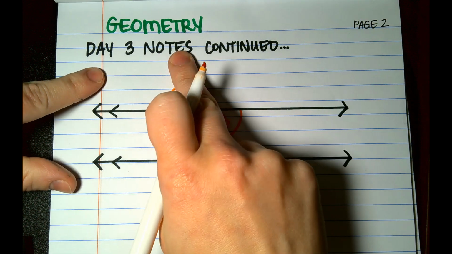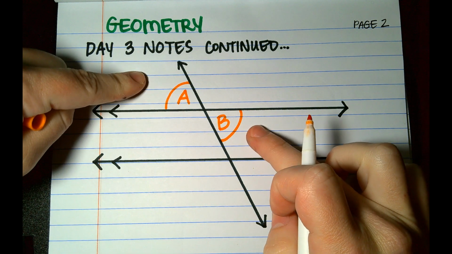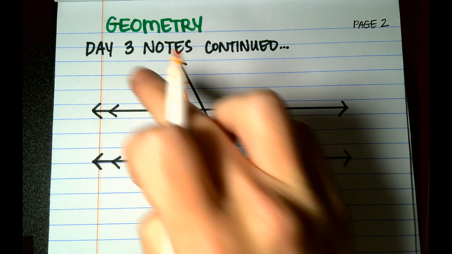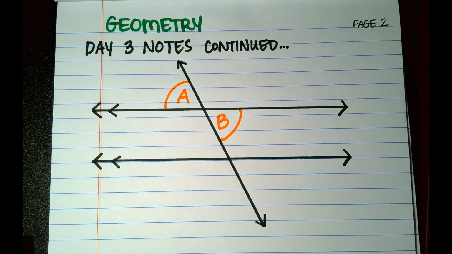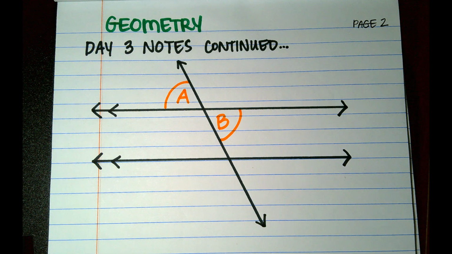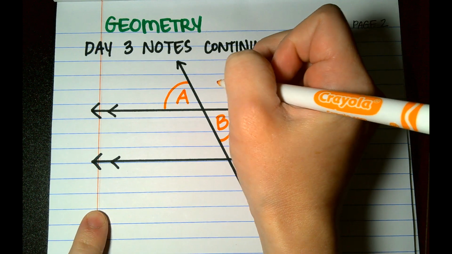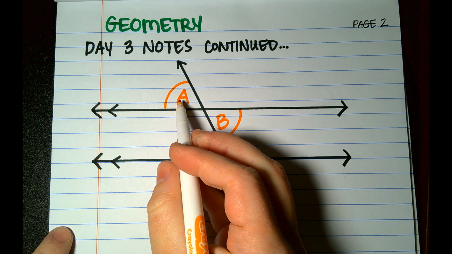Yes. When we have a transversal, or honestly, any two angles that are right across from each other, they will always be equal to each other. These are called vertical angles.